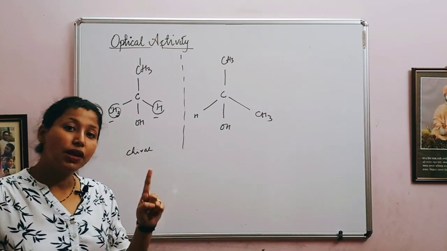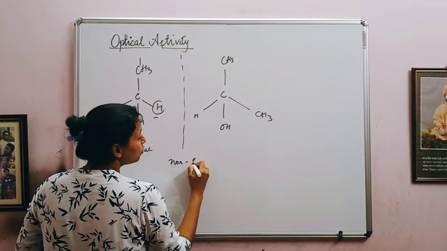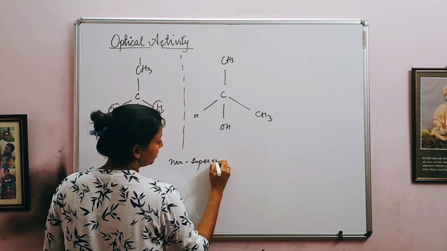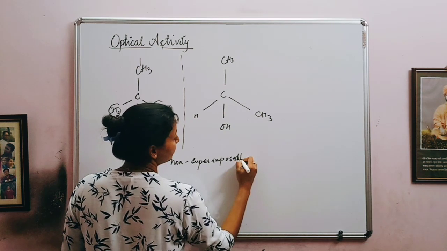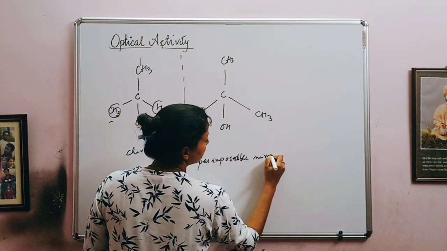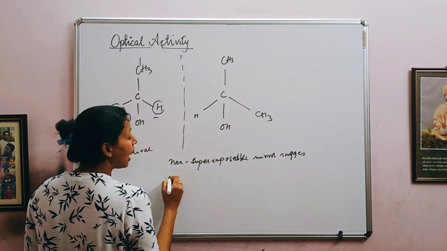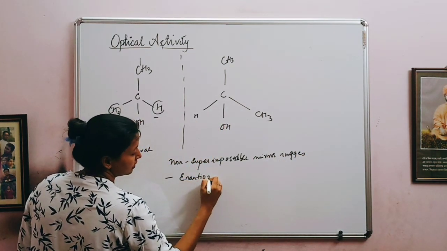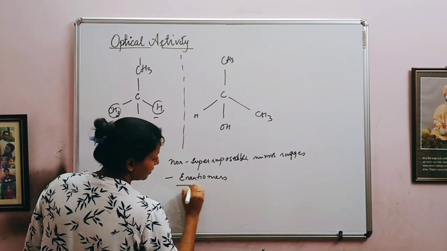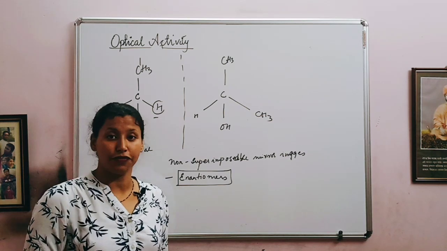Now, the term that you need to remember is non-superimposable mirror images. Non-superimposable mirror images are called enantiomers. A very important term and a very important definition.